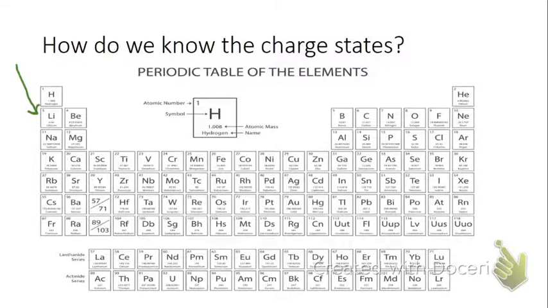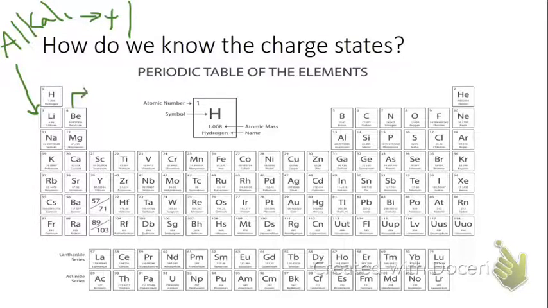Starting with lithium and below, these are known as alkali metals, or alkaline. These metals are very reactive. These metals always adopt a +1 charge. So if you see lithium, sodium, potassium, rubidium, cesium, you know that will always be a +1 charge.